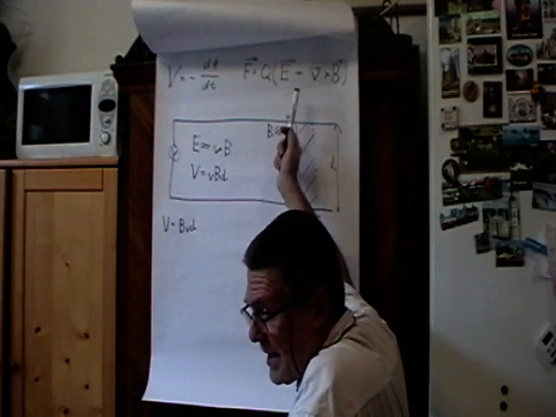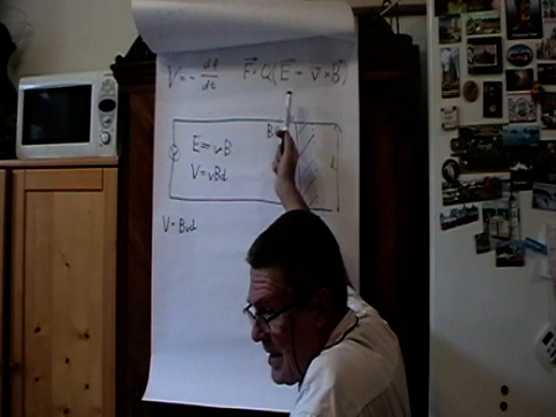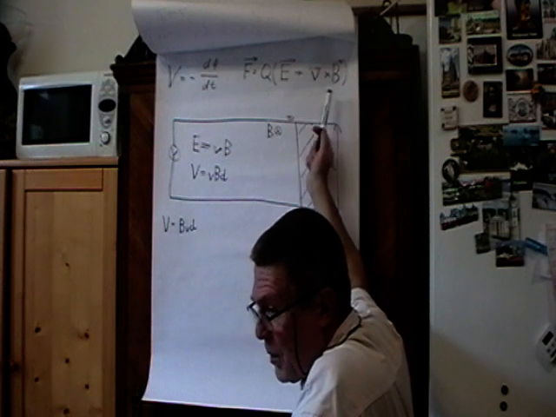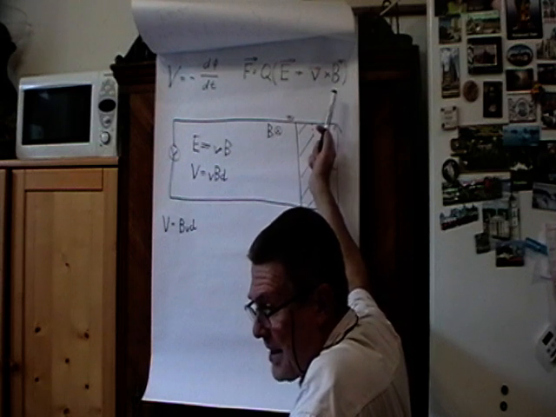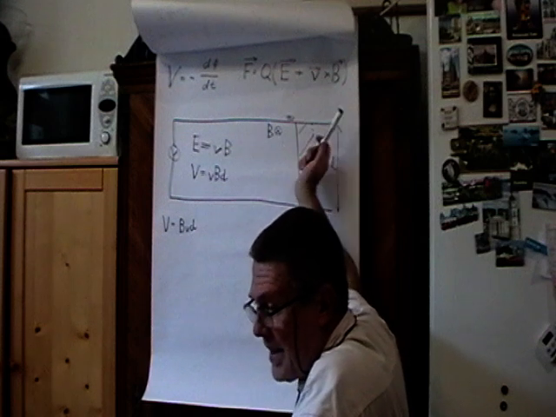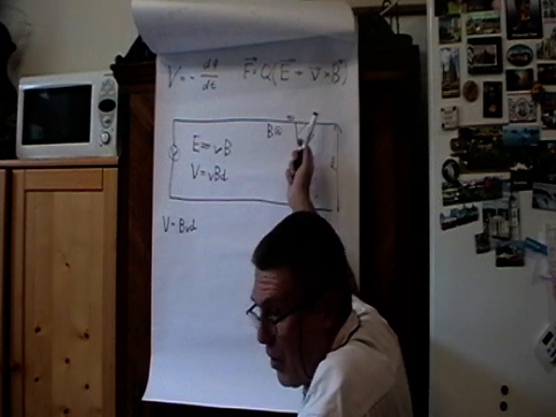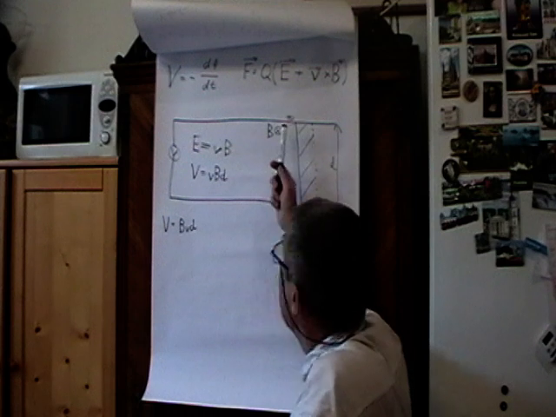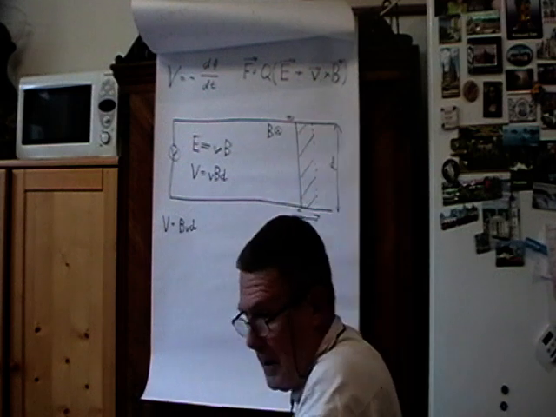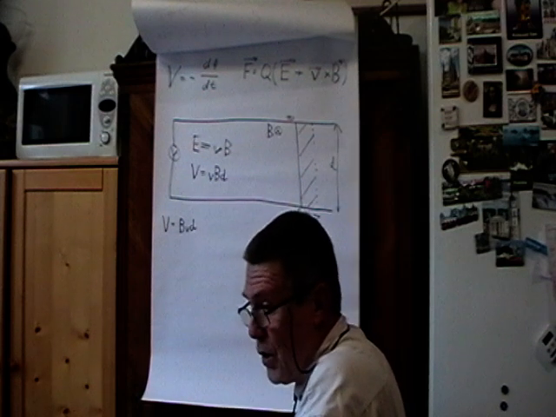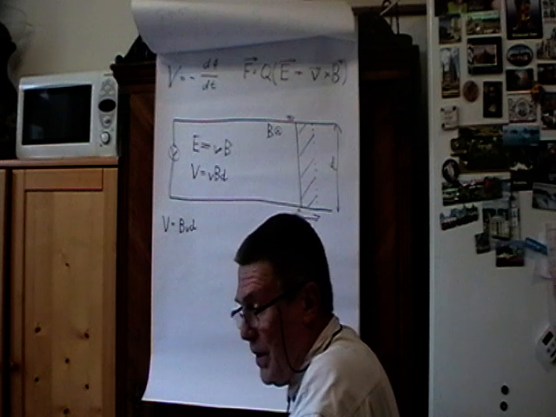If the velocity is perpendicular to flux density, or we only take the perpendicular part, or we use a vector product of V times B, that is what matters as to induced voltage.